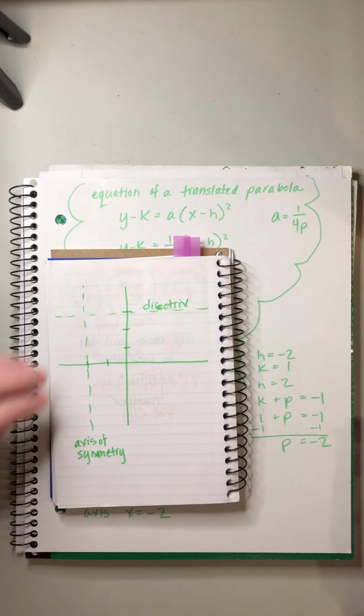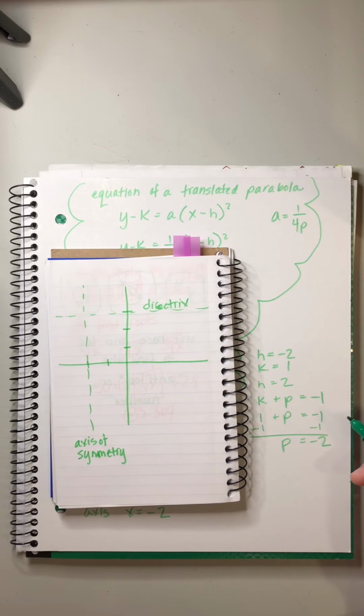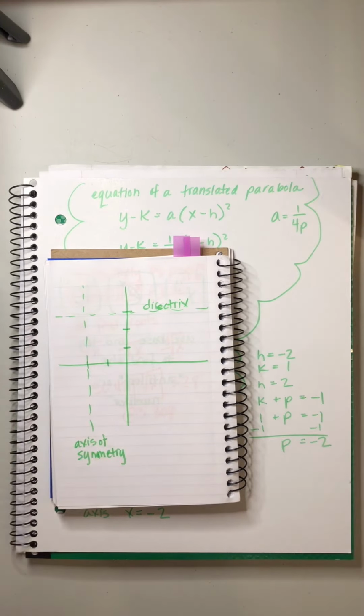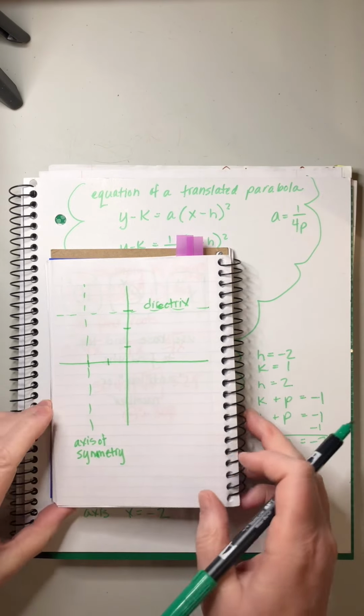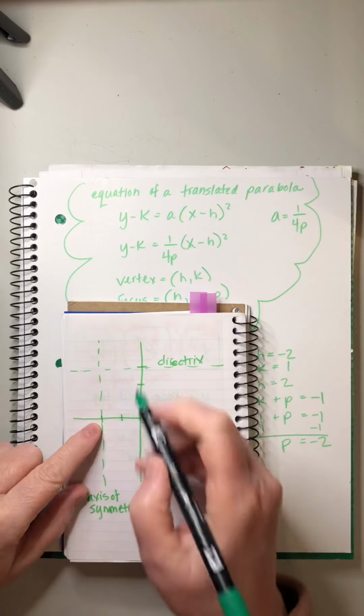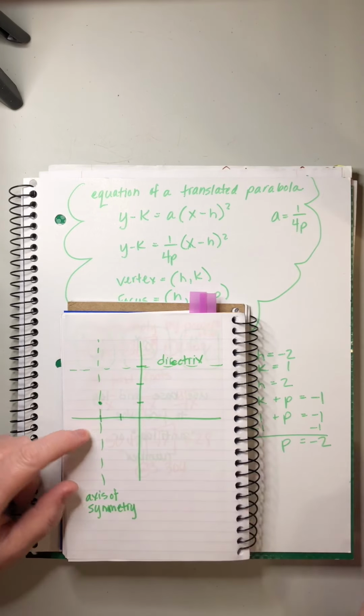That I know is the center of the vertex. The directrix is outside of the parabola, and it's half of that distance thing, right? That balancing act. Let's put the vertex in. The vertex is (-2, 1). So there's the vertex.